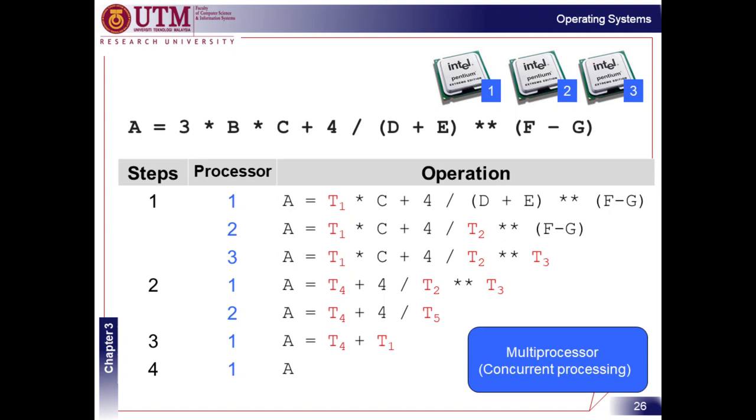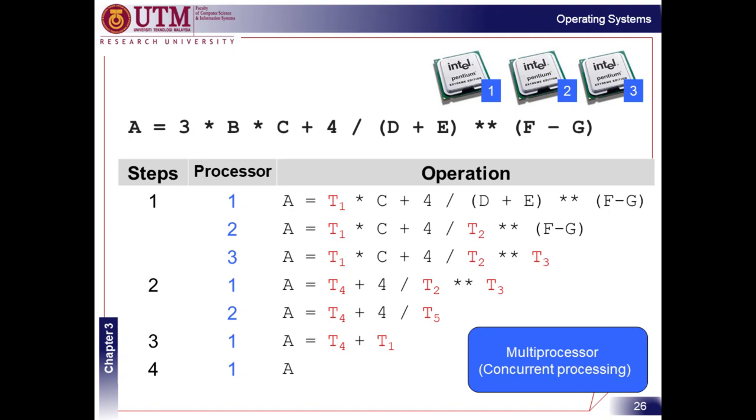In step 4, processor 1 computes A equals T4 plus T1, which is the final result of adding T4 and T1. Here, processor 2 does nothing in this step. Also, processor 3 does not do anything in this step.